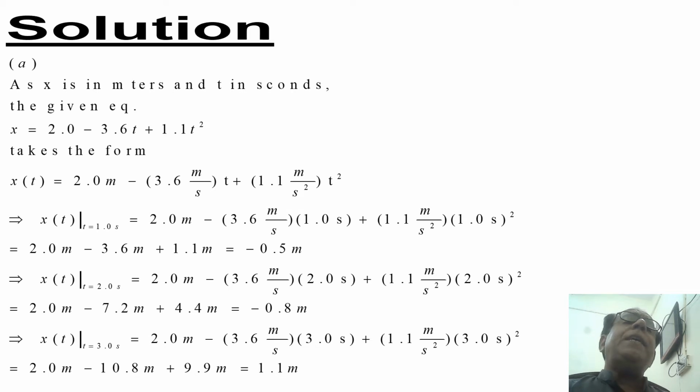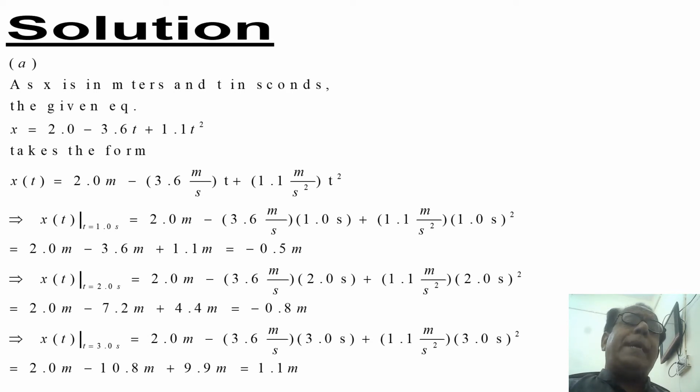Here, in place of t, we can also write 1.0. But instead of this style, we have written it in a very common style, that a straight bar, and at the base of this straight bar, as a subscript, t equal to 1.0 second is written.